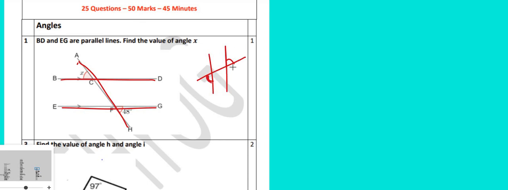So the two angles, that is this and this, for here it is 48 degree and this is x. So in the shape H or in the letter H, these two angles right here are opposite, and in parallel lines, opposite angles are the same.